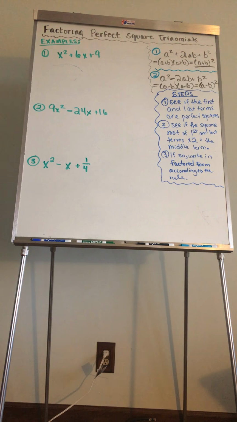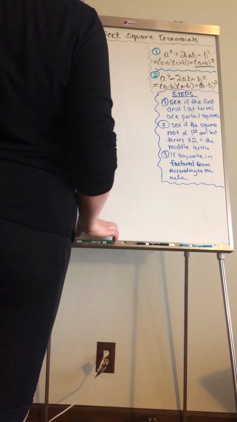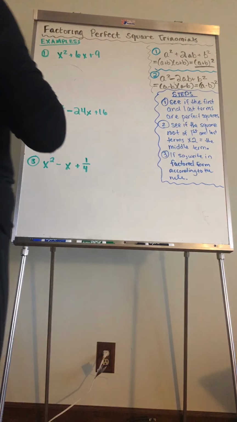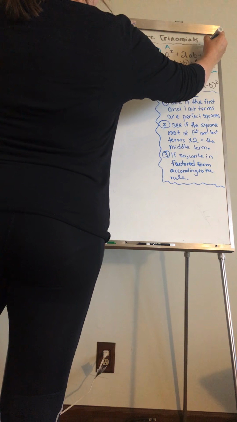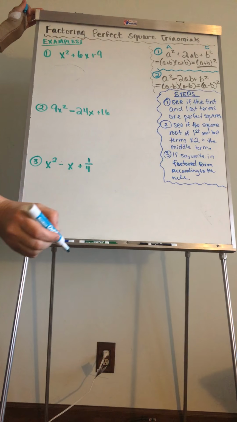So in this case, a is the coefficient of your first term, and b is the last number, okay? If you recall another thing too, write this down. So this is our a term and our c term, okay?